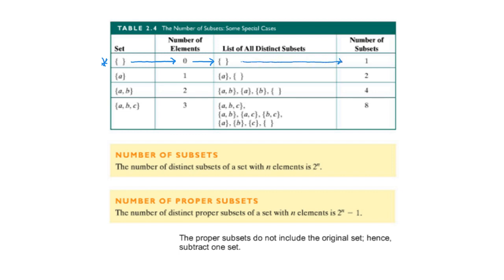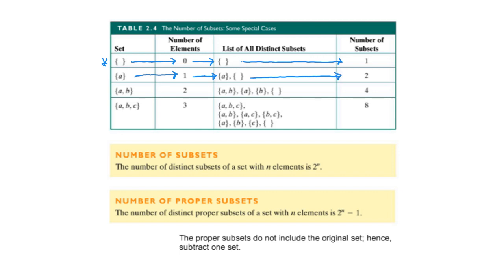If we do this enough, we'll see a pattern on there. All right, the set containing A contains exactly 1 element. The distinct subsets for that set are the set containing A or the empty set. So this one has 2 subsets.